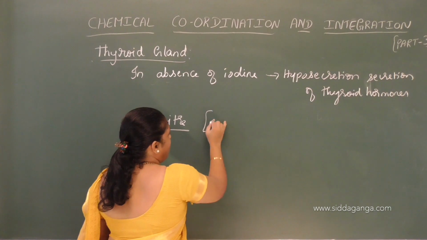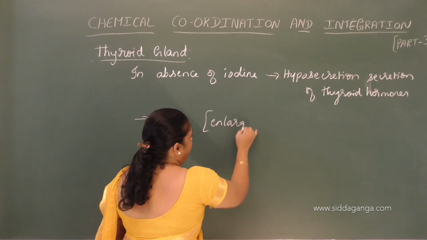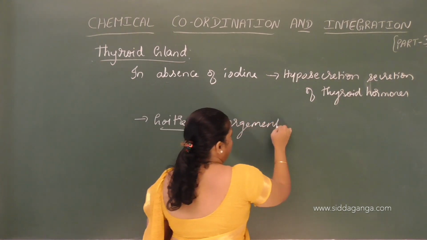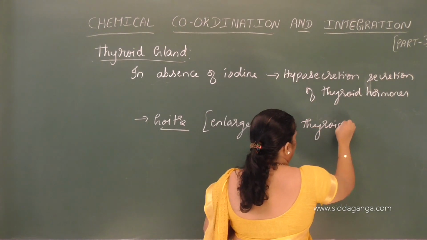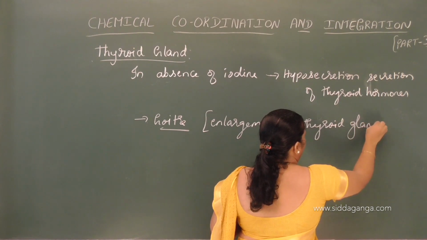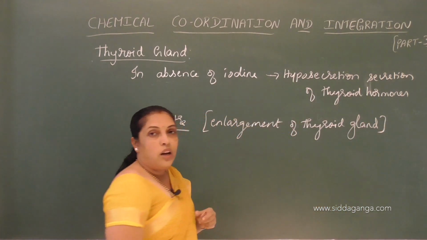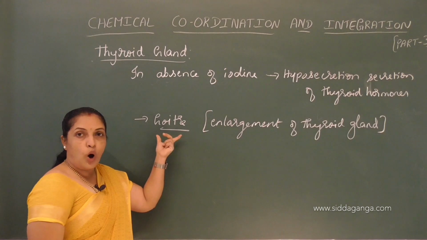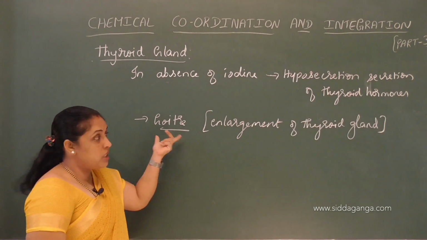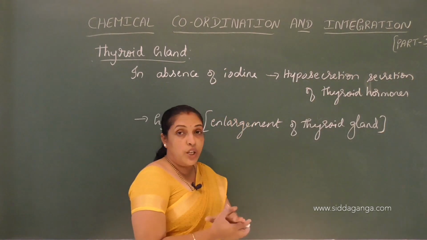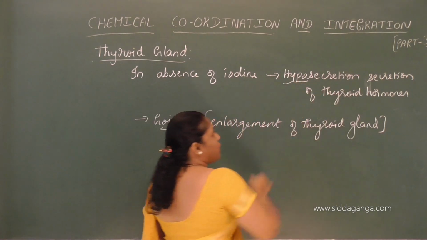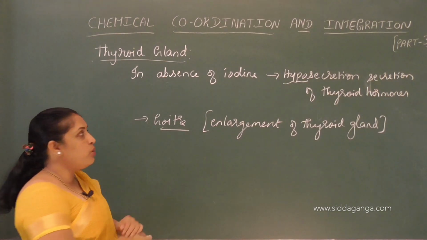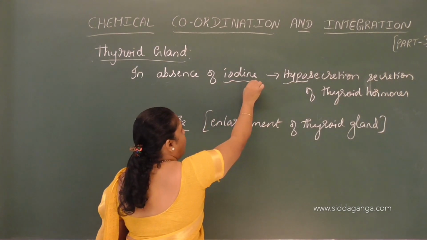Goiter means enlargement of the thyroid gland. This results due to hyposecretion of thyroid hormones. Hypo means less secretion of thyroid hormones in the absence of iodine.